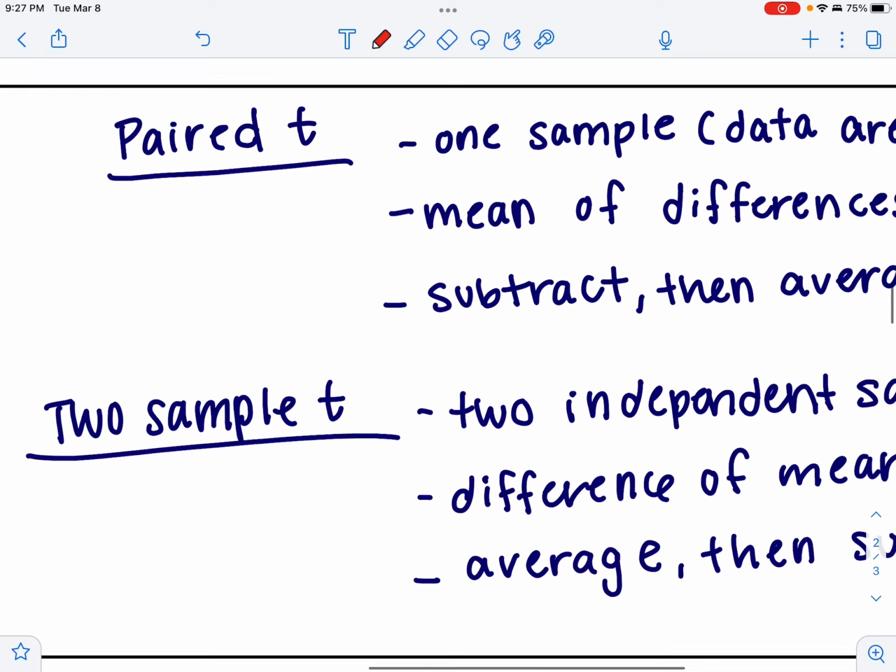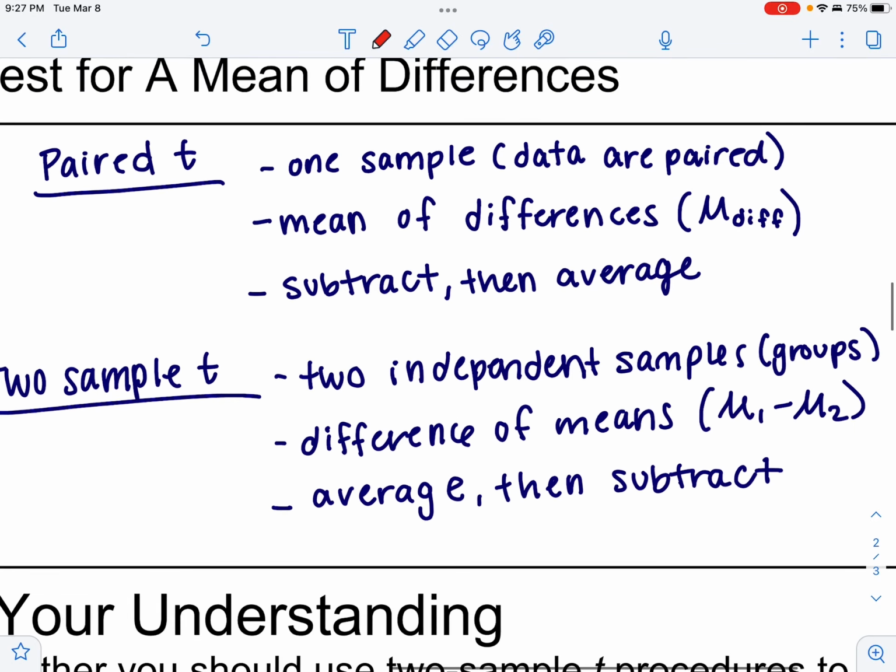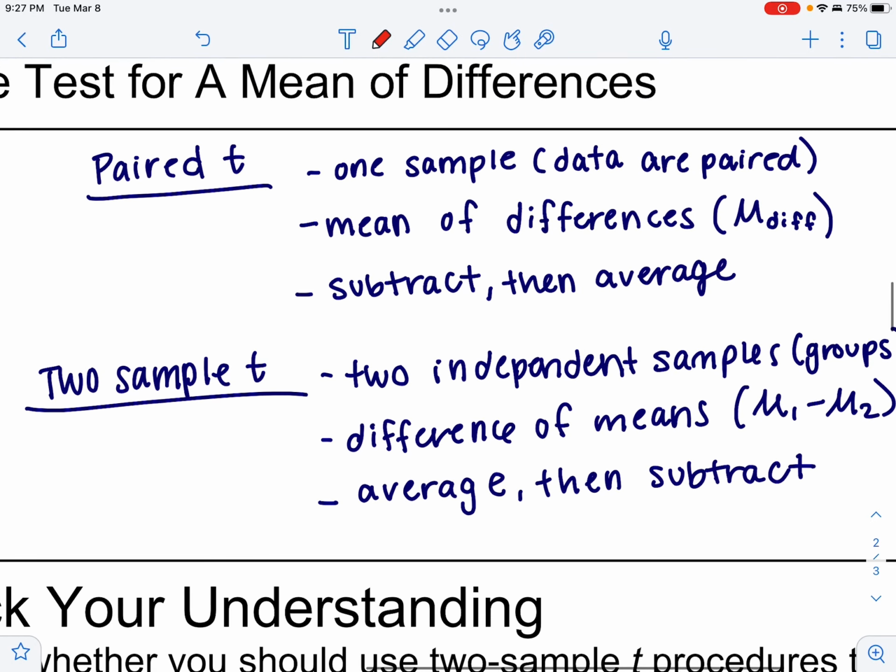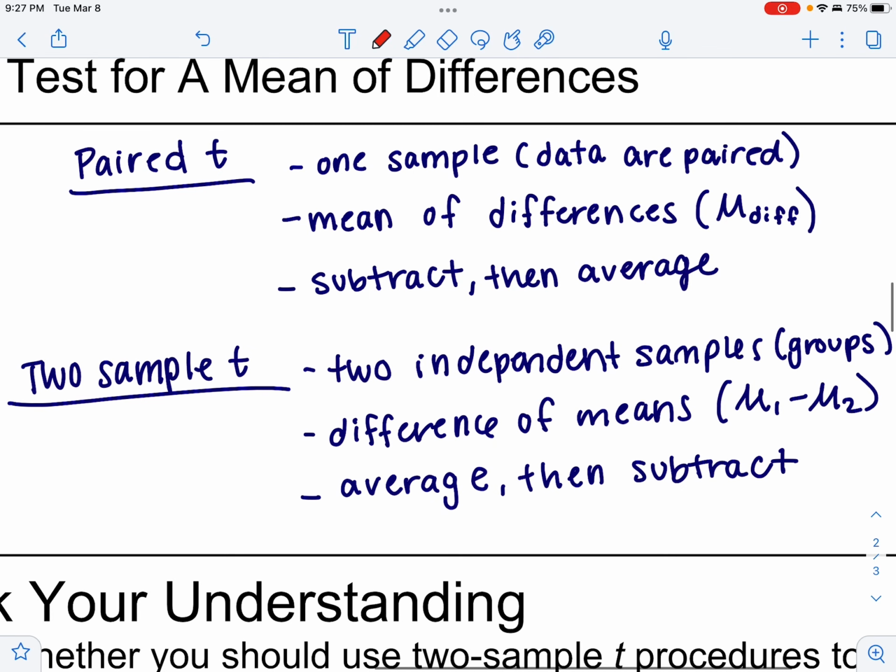All right, now we've learned today about the mean difference, and we learned yesterday about a difference in means. But how do I really tell what type of problem I'm dealing with? Today's mean difference problem is a paired t. We pair up the objects in our sample or in our study.